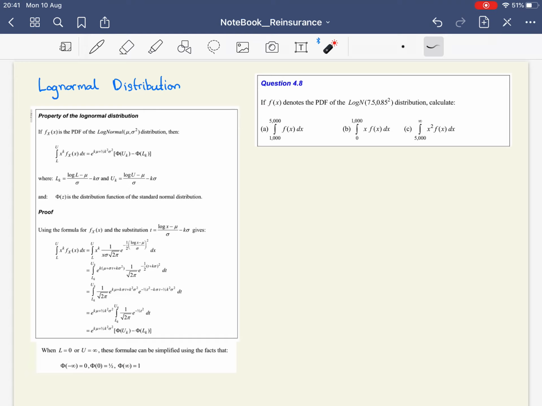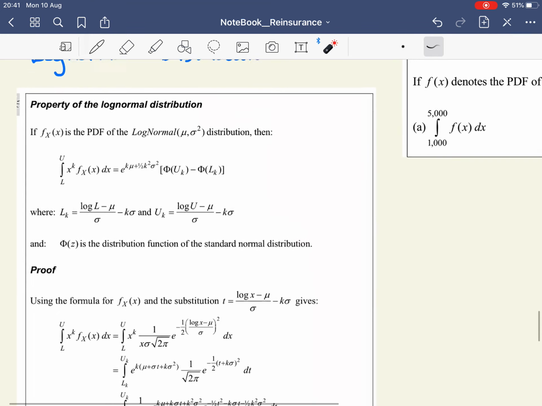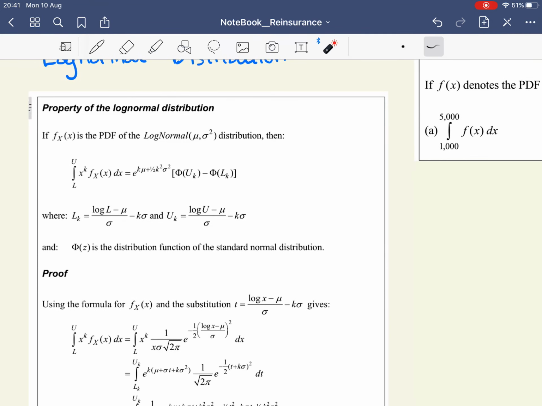First, let's look at the log normal distribution. For the log normal distribution, when we have the integral of x to the power of k f(x) from L to U, we can have a very nice result as we see. Here you can see U_k and L_k. This is the kind of function that we get from the u substitution during the integral process.